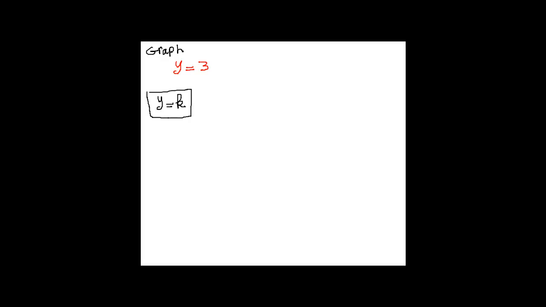We need a couple of points again, right? So I can go ahead and write this as y is equal to 3 plus 0x. It's very important, at least at the beginning, to change it into this form. So when I'm looking for a point, I know where my x and y are.